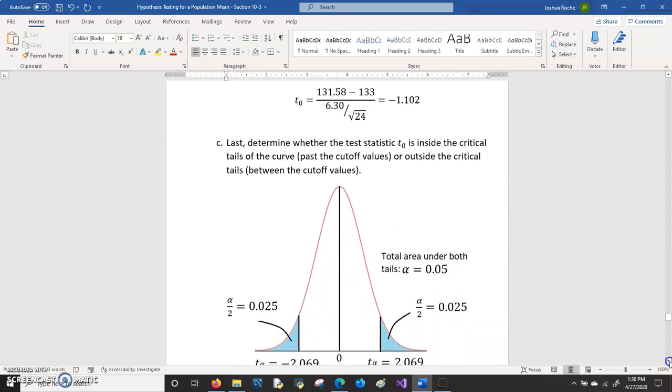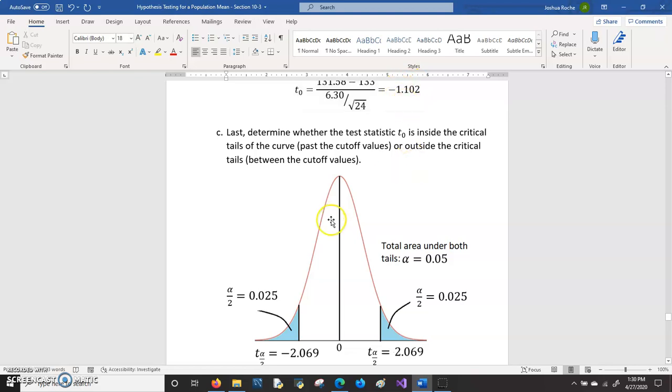So the last thing is to determine if that test statistic falls in either one of these tails. Negative 1.102 is not quite in one of these tails. It looks like it's maybe around here.